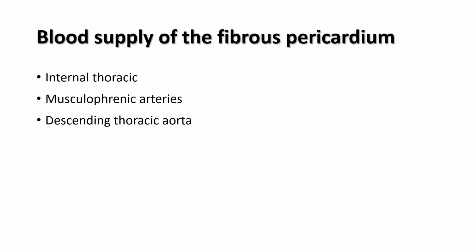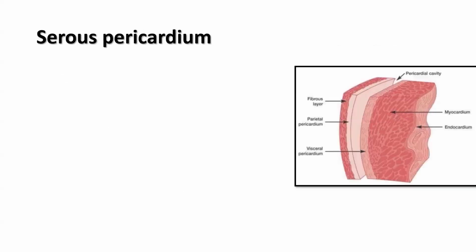So, we have learned about the source of development, blood supply, and nerve supply of fibrous pericardium. Now, what about serous pericardium? Let us see the picture here. This is the heart, and the innermost layer of the heart is endocardium. The middle layer is myocardium. The outer layer is epicardium.